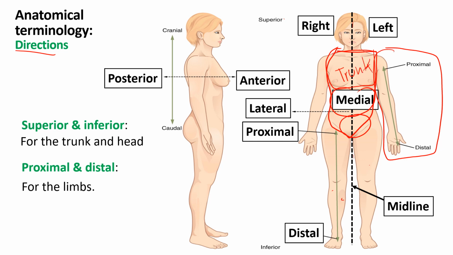So everything that is closer to the trunk is proximal. Everything that is away from the trunk is distal. Now, the humerus, for example, is closer to the trunk than the radius, not by the fact that they are in this location.